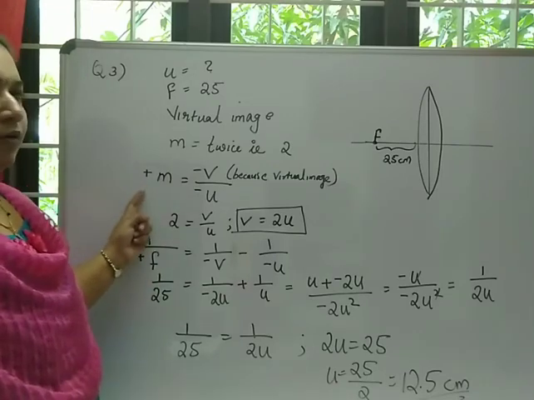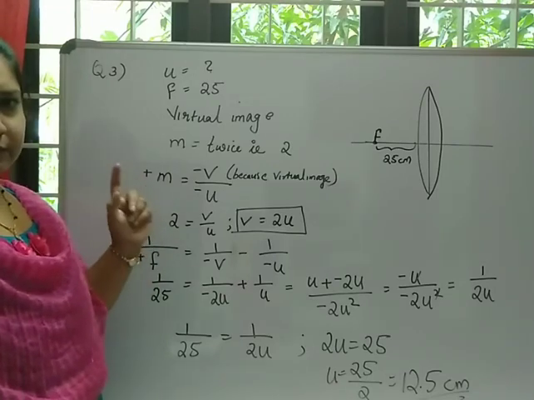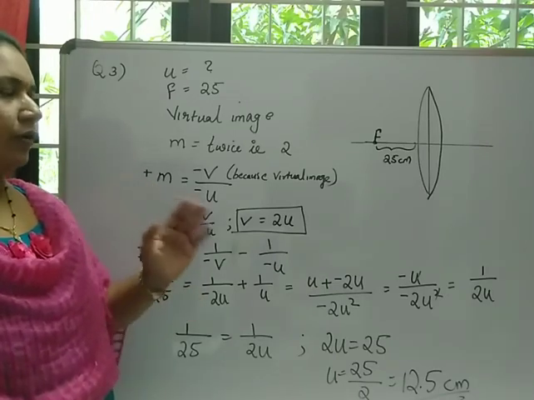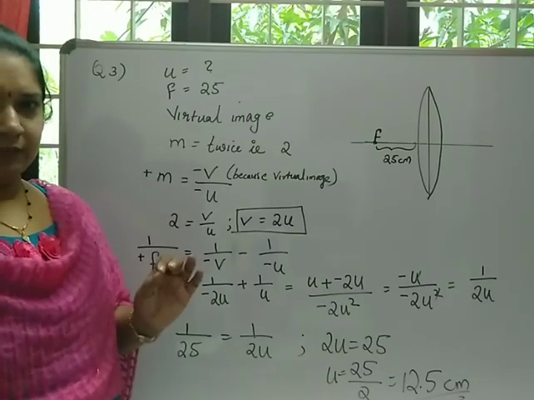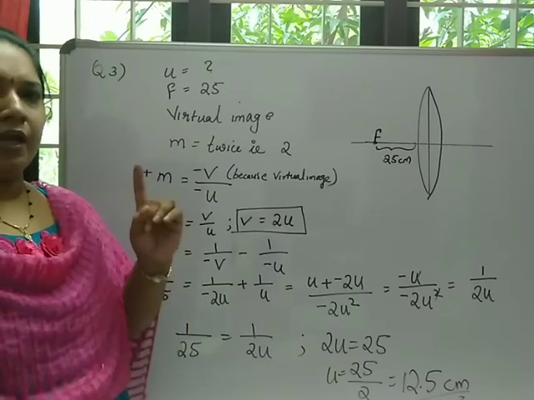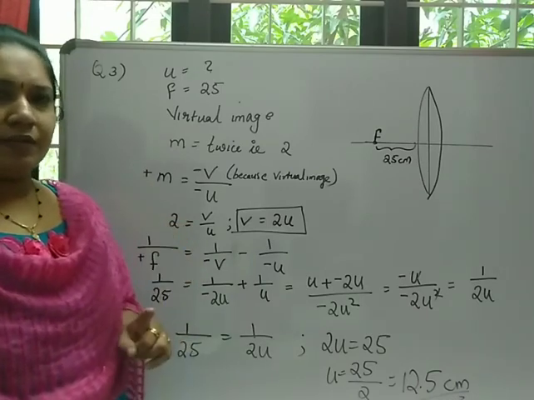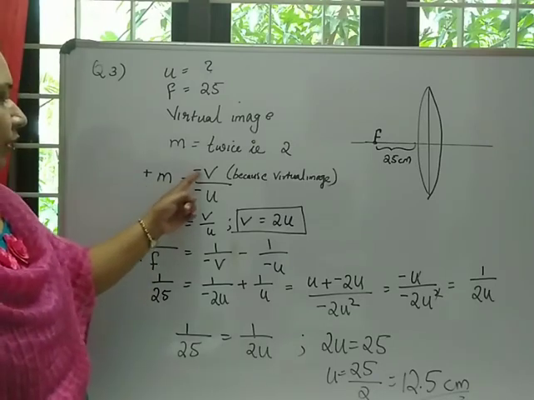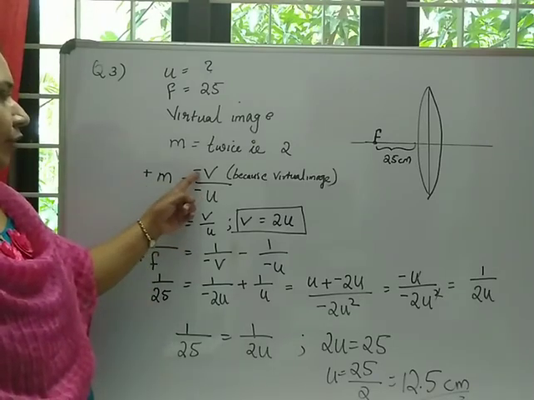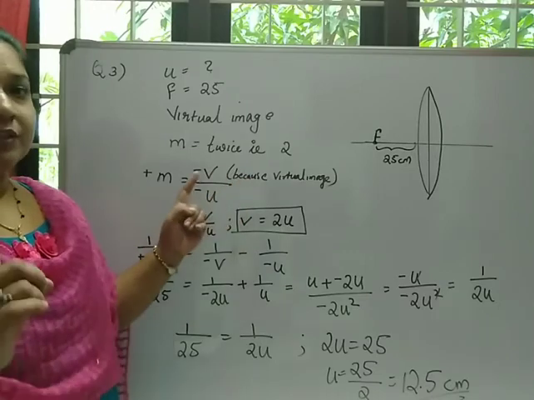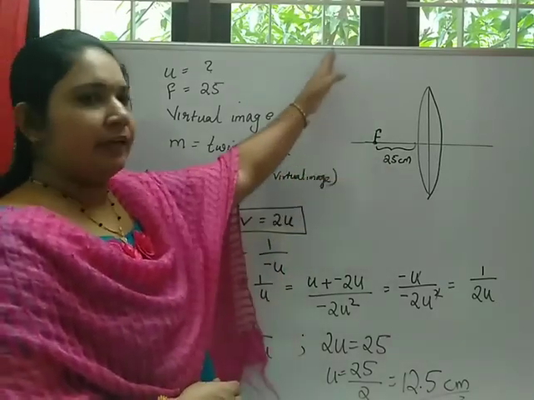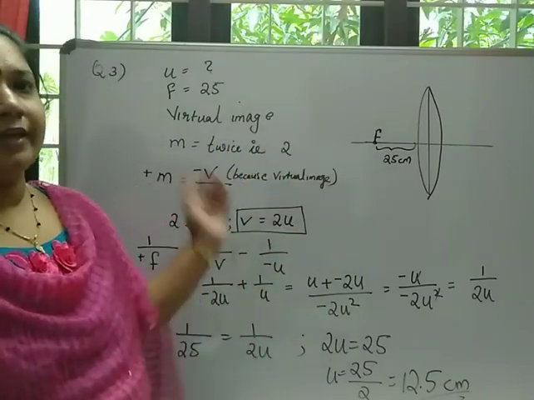And for a convex lens, magnification is always positive. It is fixed. Magnification and focus of a convex lens are positive. Now v and u. Here it is given a virtual image. Virtual image means we will get the image on the same side, an erect enlarged image on the same side.